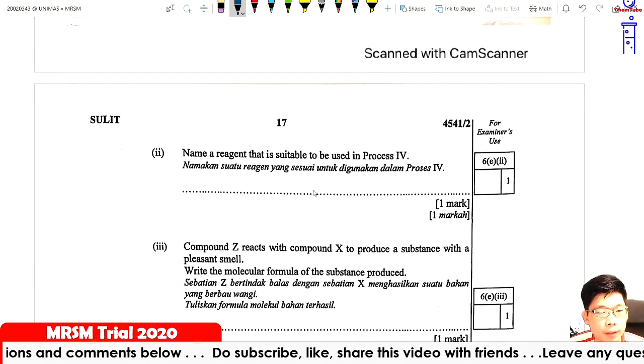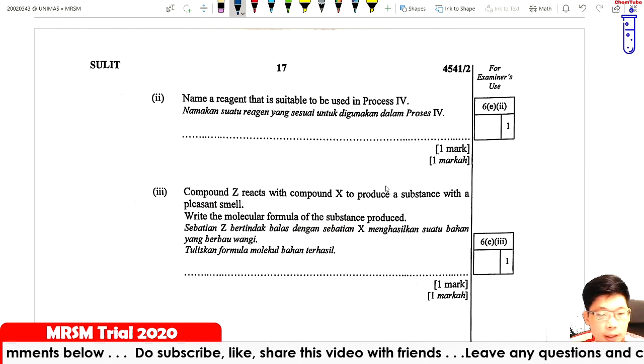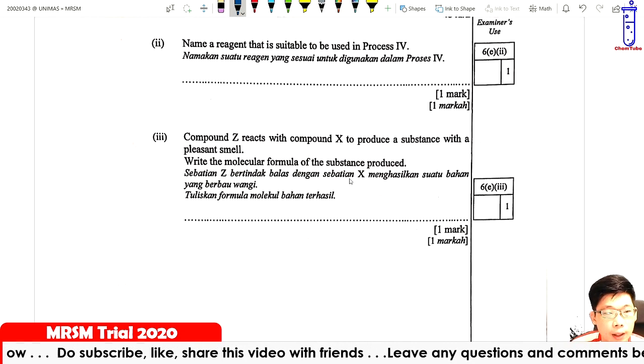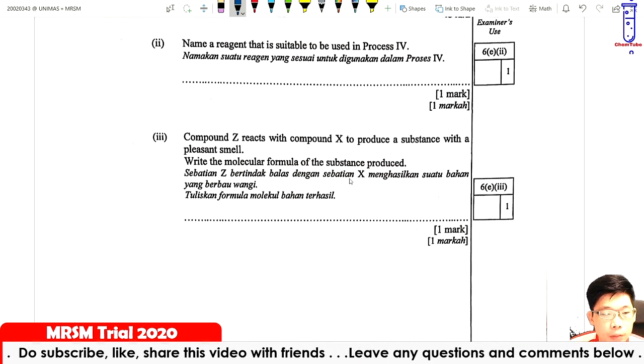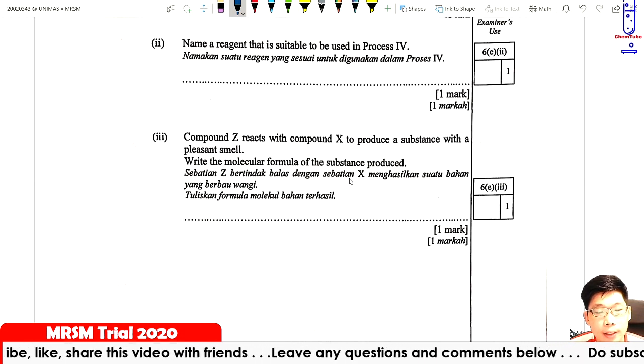Okay, name a reagent that is suitable to be used in process 4. So process 4 is oxidation, right? So for oxidation, we can use the most popular oxidizing agent.